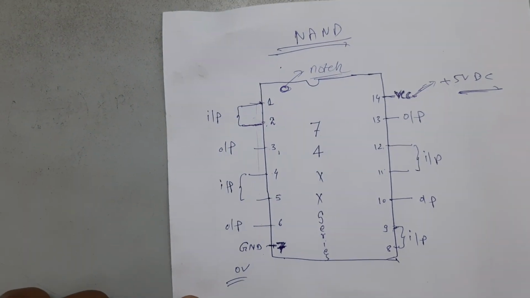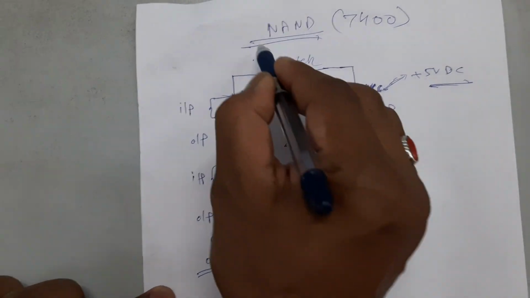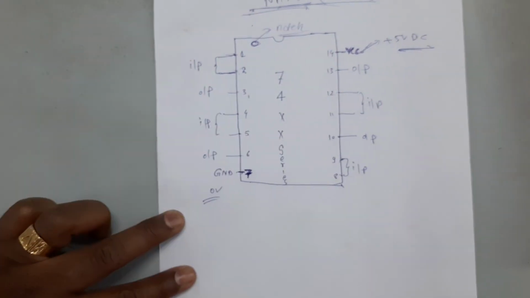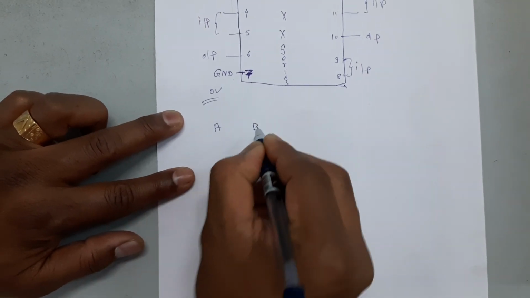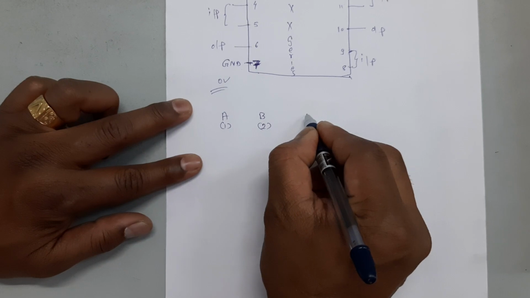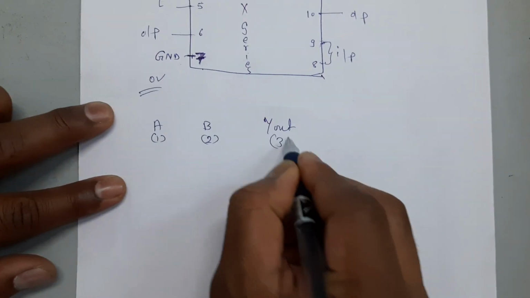So what is the IC number for a NAND gate? That is 7400. 7400 is the NAND gate. Now I am saying 1 and 2 as inputs and 3 as output, right? So I will take A and B. For this, pin number 1 is A and this is pin number 2 is B. And as I said, output, so I can take V output. Here I am taking pin number 3.